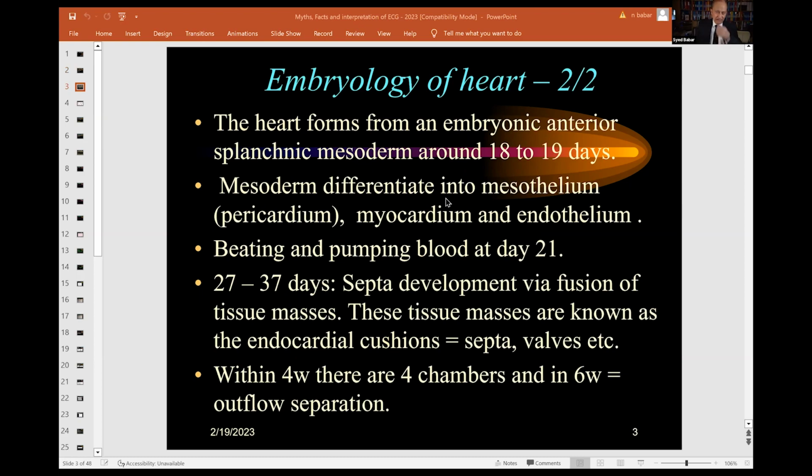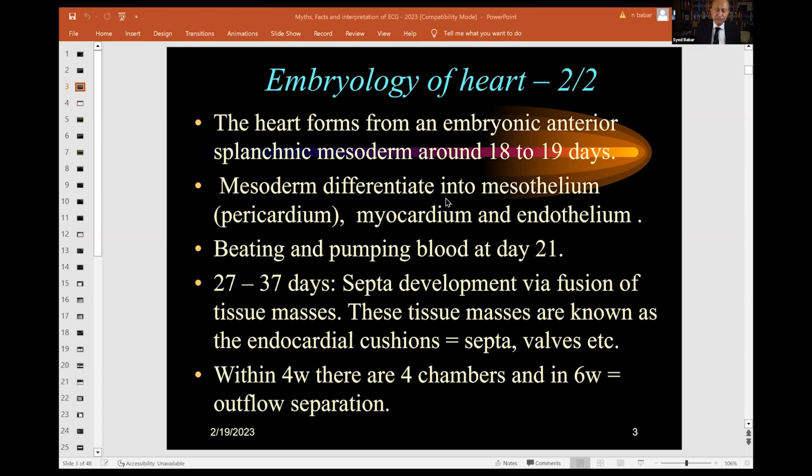So the heart begins quite early in life, and around 18 to 19 days after fertilization, it develops from the anterior splanchnic mesoderm, which differentiates into mesothelium, which is like the tunica externa or the pericardium, the myocardium or tunica media, and then endocardium or endothelium, comparable to tunica intima.